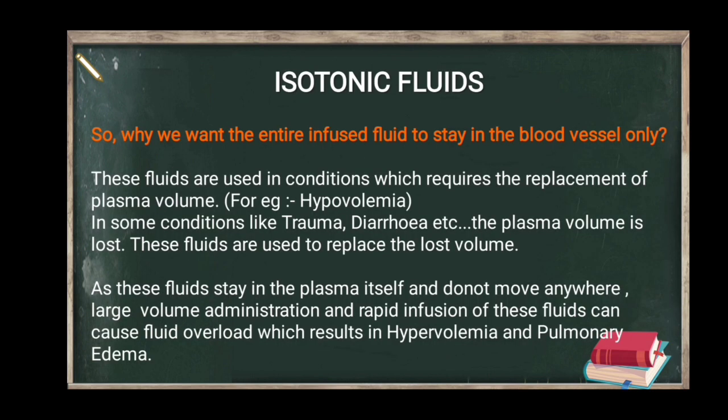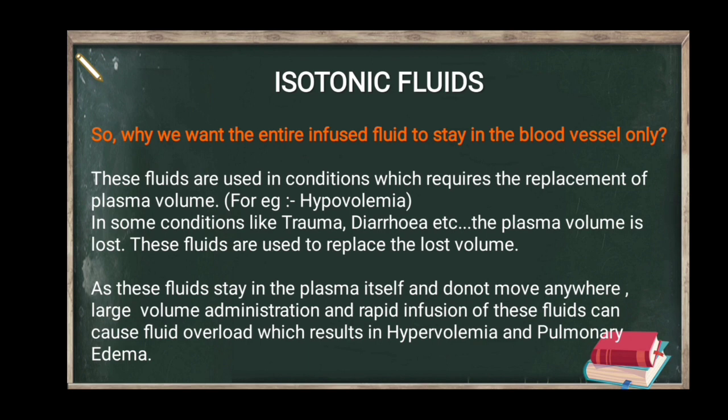So why do we want the entire infused fluid to stay in the blood vessel only? In some conditions like trauma, diarrhea, etc., the plasma volume is lost. So these fluids are used in these conditions which require the replacement of plasma volume. For example, hypovolemia.